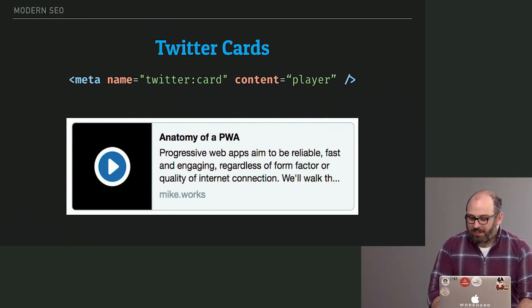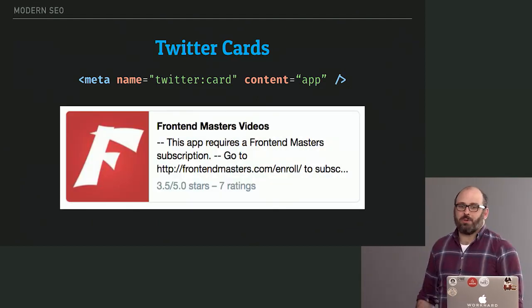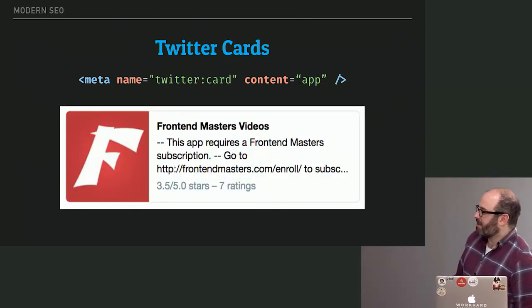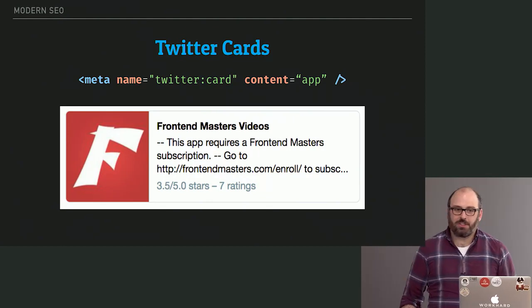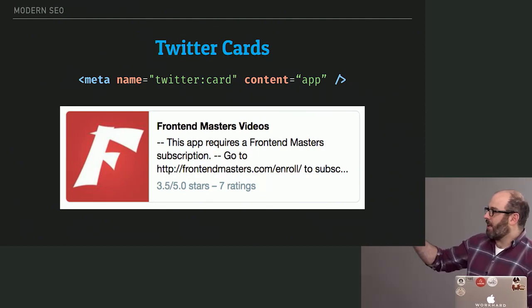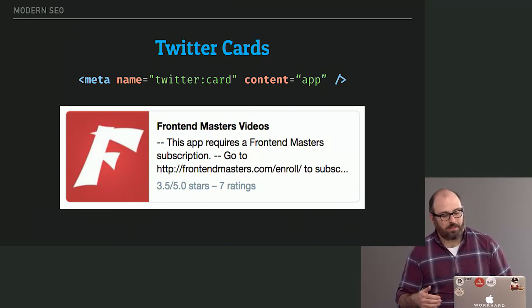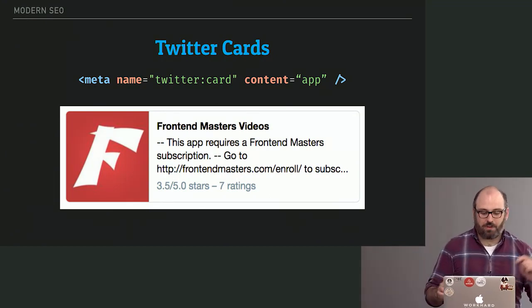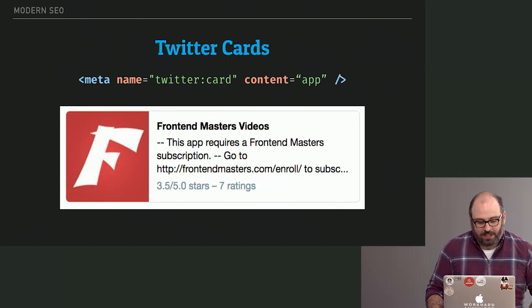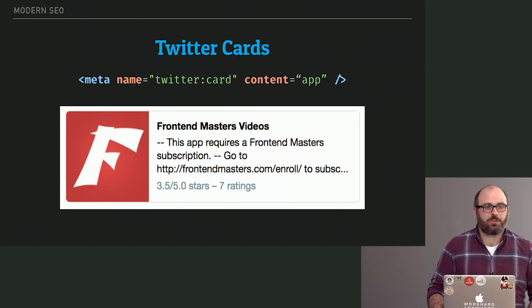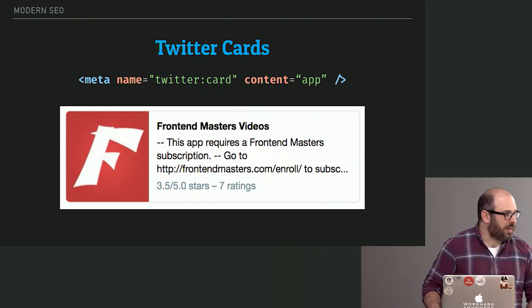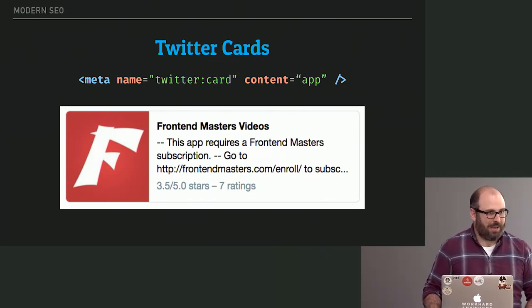There's another kind of Twitter card called an app card, and it links to an app store of some sorts. If you look closely at this, you can see a rating at the bottom of the description that tells us how many reviews there are and what the average review was. You'll want to use one of these services that will, based on user agent, send people to the appropriate app store link.